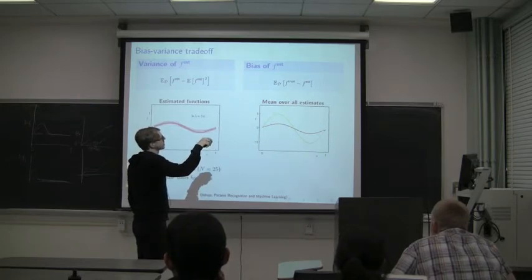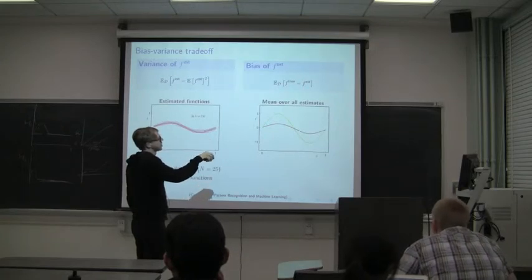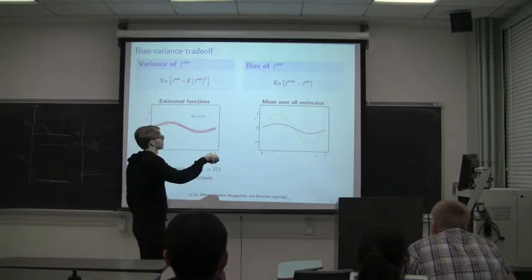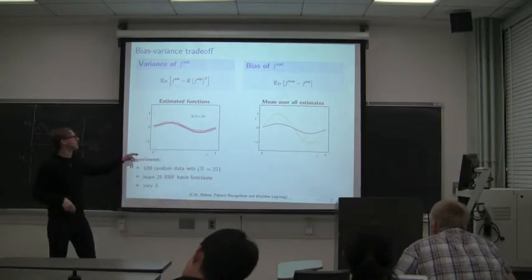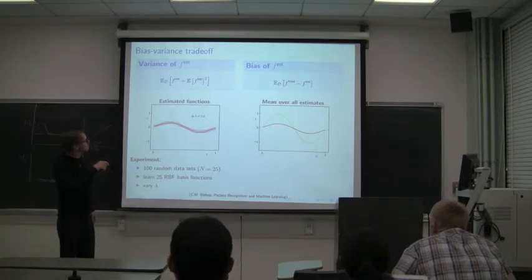It's the expected difference between the estimates and the truth. Because the true function is fixed, you can take the average only over the estimates. So it's the difference between the average of the estimates and the true function. And if we subtract this average from those, then we get the variance.